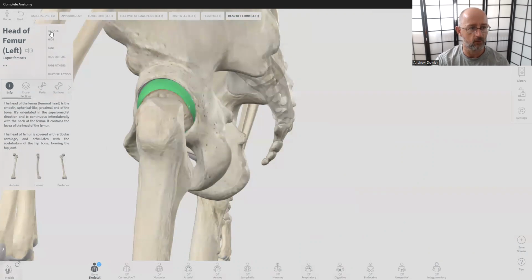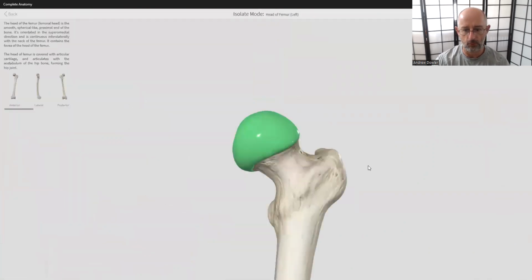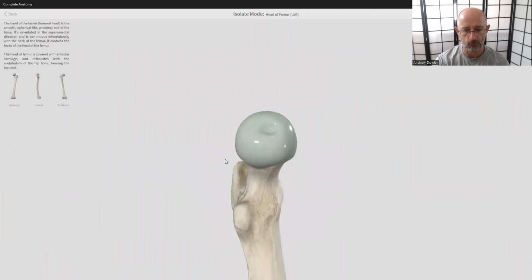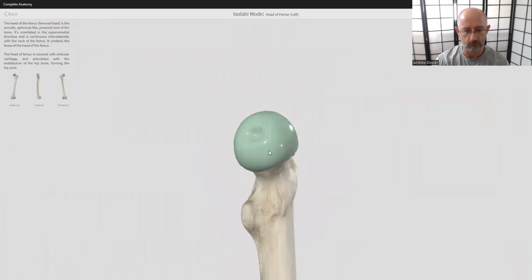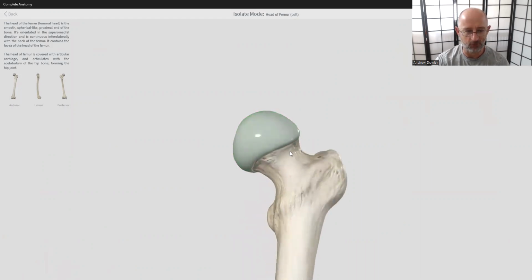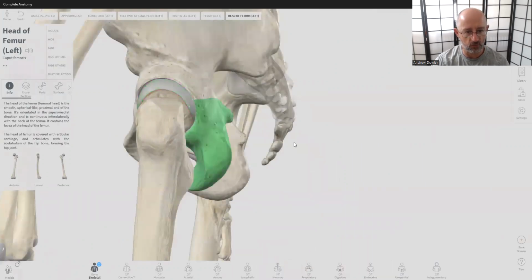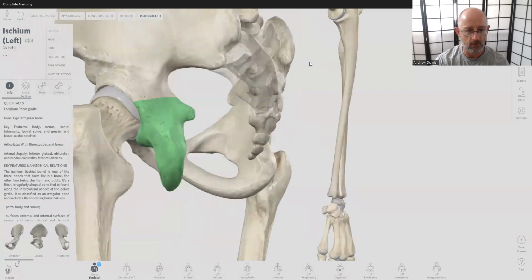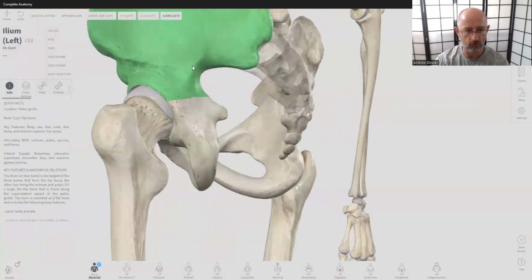I'll just isolate that real quick. So you've got a big ball of the femur, and a really smooth socket. And here there's a little vascular bundle, so blood supply that goes into the bone as well, which is pretty cool. And that smooth ball sits within the socket of the three bones.